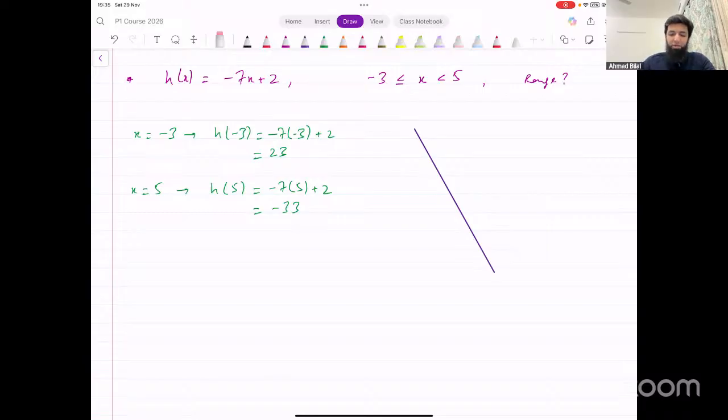Let's mark those 2 points. Let's suppose this is -3 with some y value. What is the y value? 23. And the other one, this is 5 and -33. This is the other point.